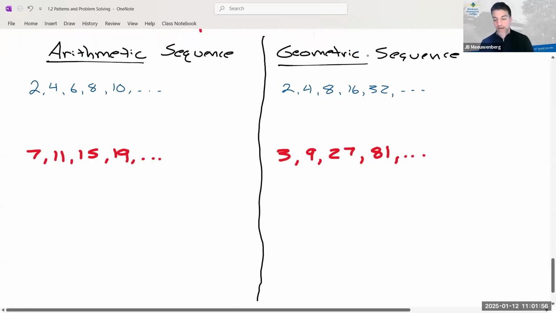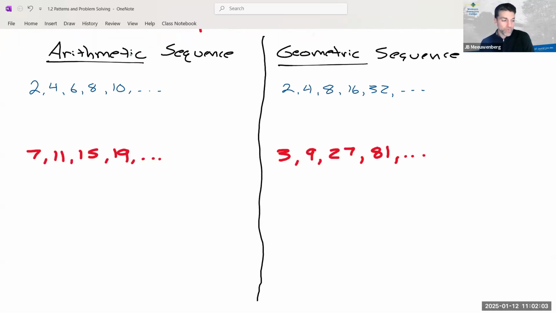So what is the difference between an arithmetic sequence and a geometric sequence? When you're doing an arithmetic sequence, to find the next number in it, you're going to add or subtract something. I say subtract because you can also add negative numbers.